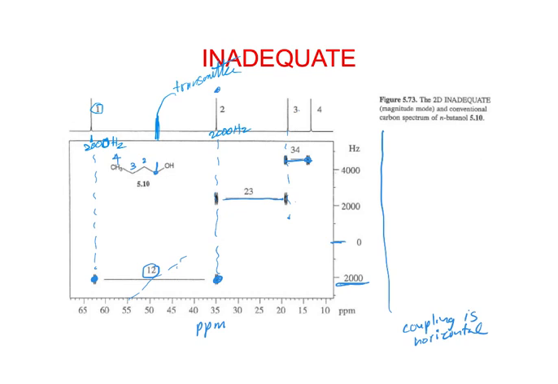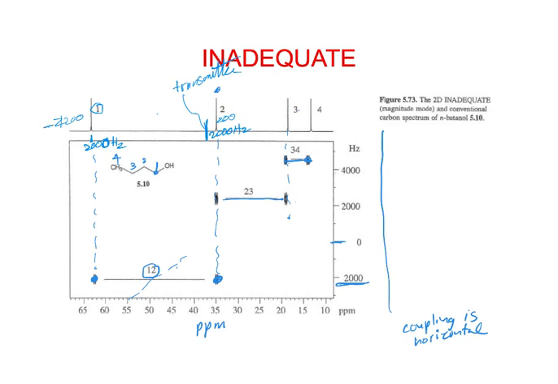So let's try this again. Let's say the offset was somewhere in the middle, and maybe this was at 2,200 and this was at 200 in the other direction. We sum those, and they have an opposite sign.